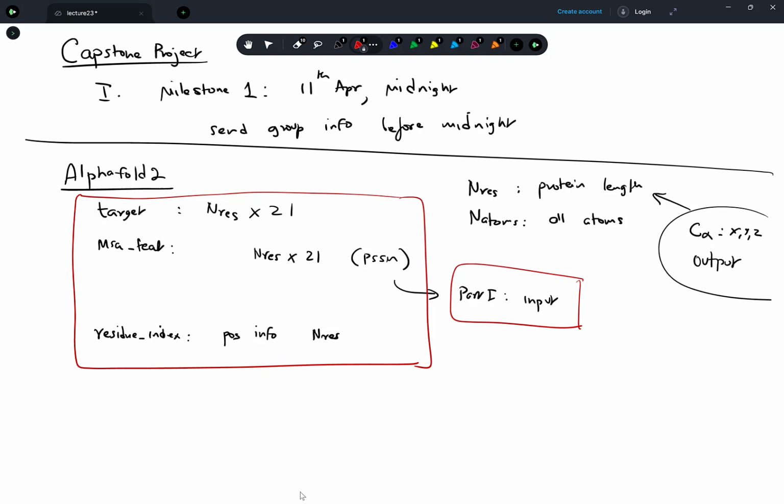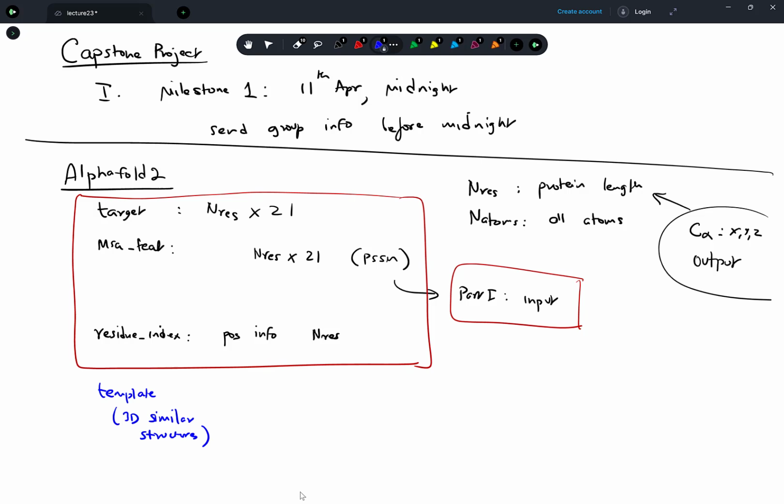Now, the actual AlphaFold has some extra information. It has the template, meaning the 3D similar structures, or at least our best guess at that. Similarity is something that we can measure algorithmically.